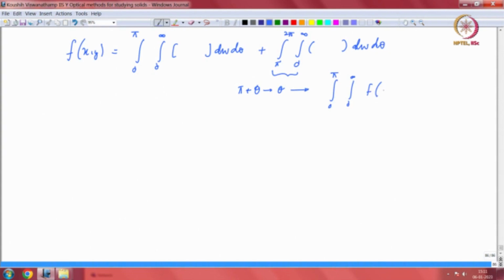Everything else will remain unchanged, but you will get F of w, theta plus pi, right. This is the same as F of w cos of theta plus pi and so on, right.